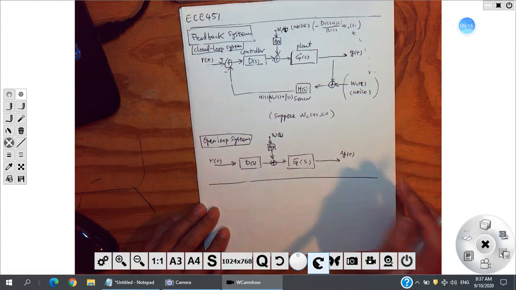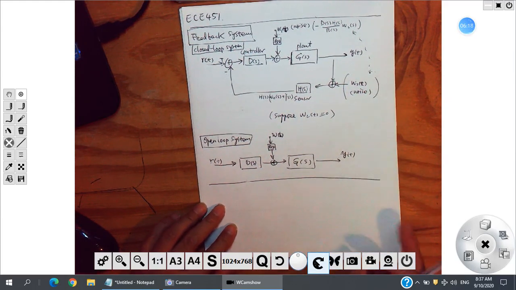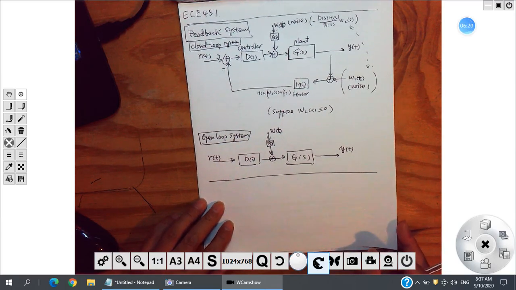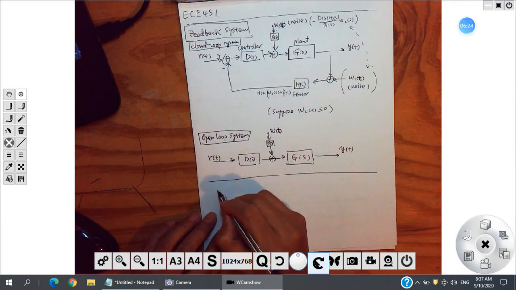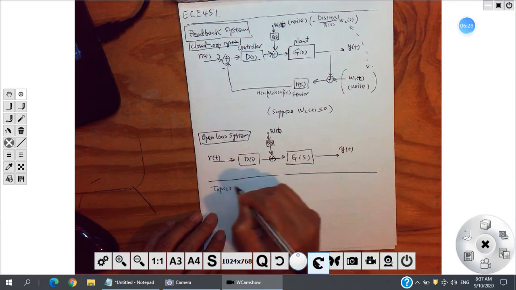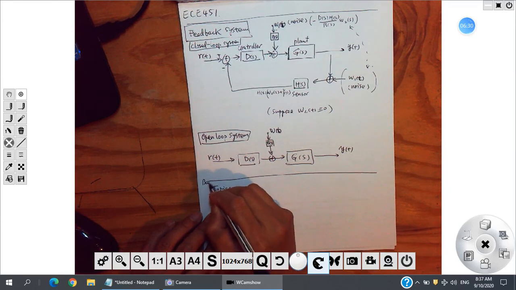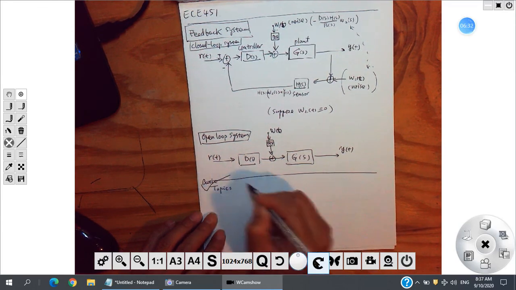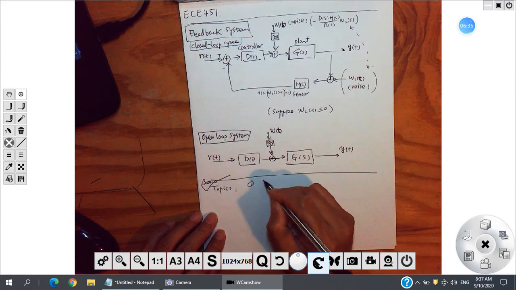Okay. Then for the control system, we have several topics we need to consider. I will say the basic topics. The first one is stability.